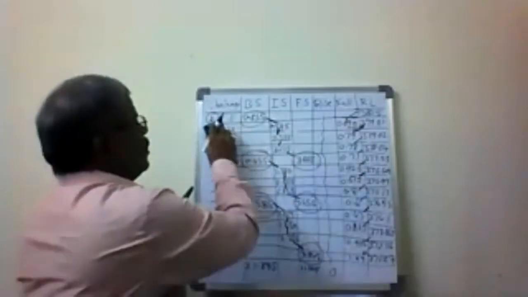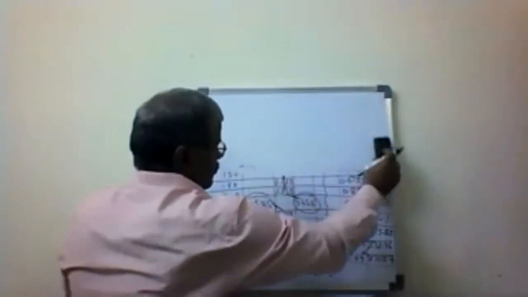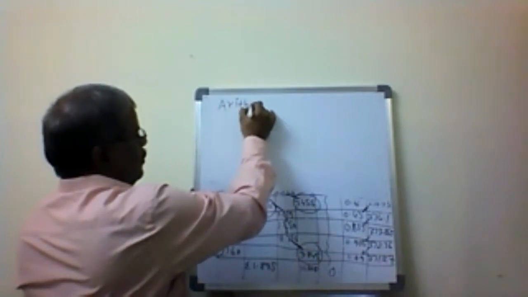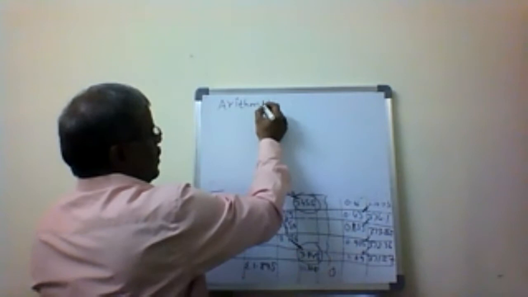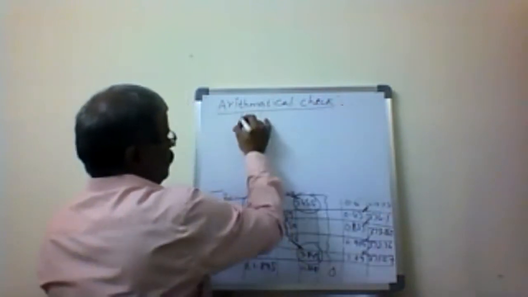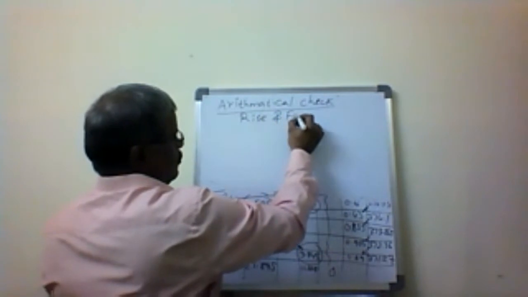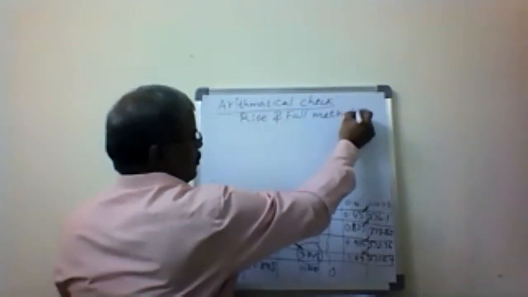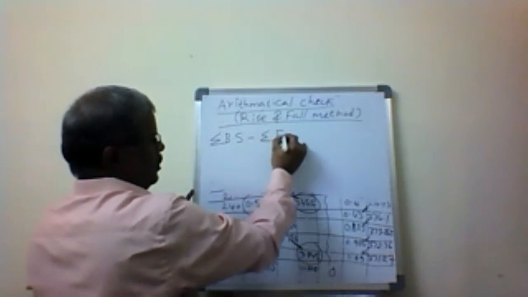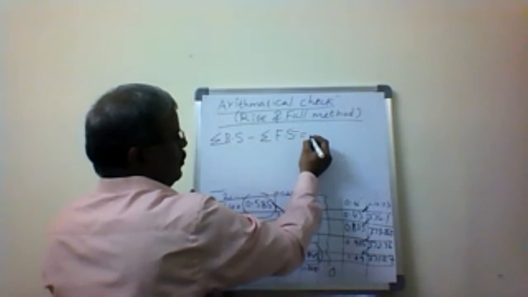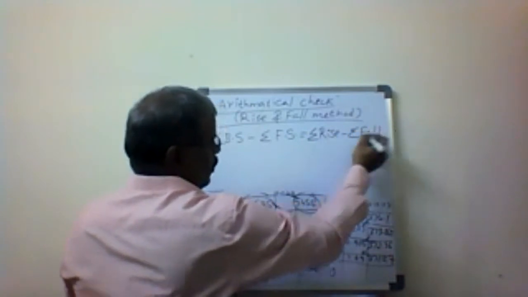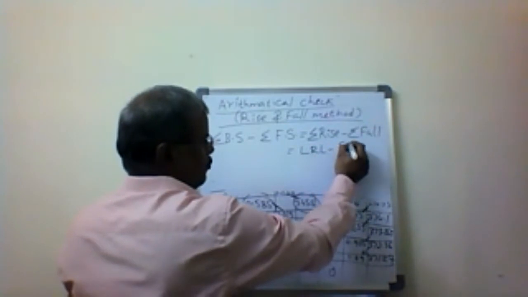So now we use the arithmetical check for the rise and fall method: summation of backsights minus summation of foresights equals summation of rise minus summation of fall, equals last RL minus first RL.